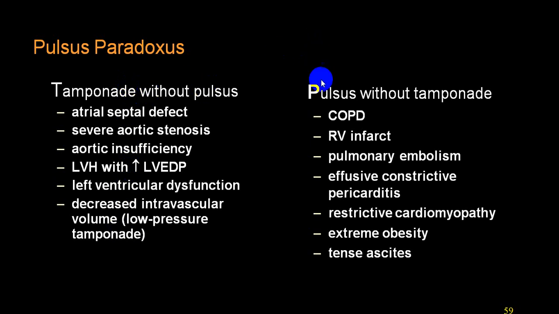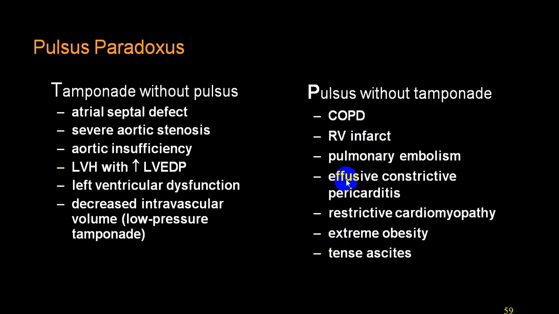And a person may have pulsus paradoxus but no cardiac tamponade, meaning there is no cardiac disease, like COPD, massive pulmonary embolism, restrictive cardiomyopathy, extreme obesity, tense ascites. Ideally we don't say tamponade, but we say RV infarct.